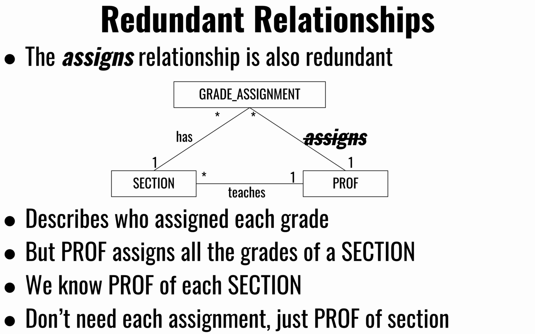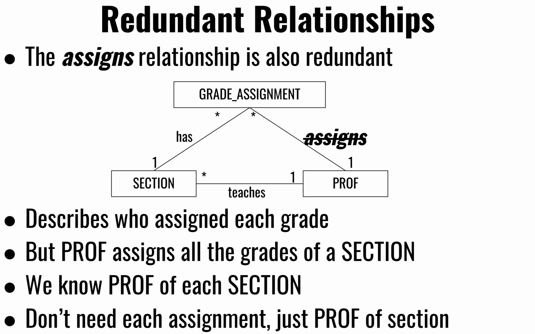I can also know the same exact information by knowing the section. If I know the section, I know the professor. There's only one professor in that section, and he's the only possible person who can assign it. So this relationship is redundant. I already know who the professor is and who assigned it. I don't need this.